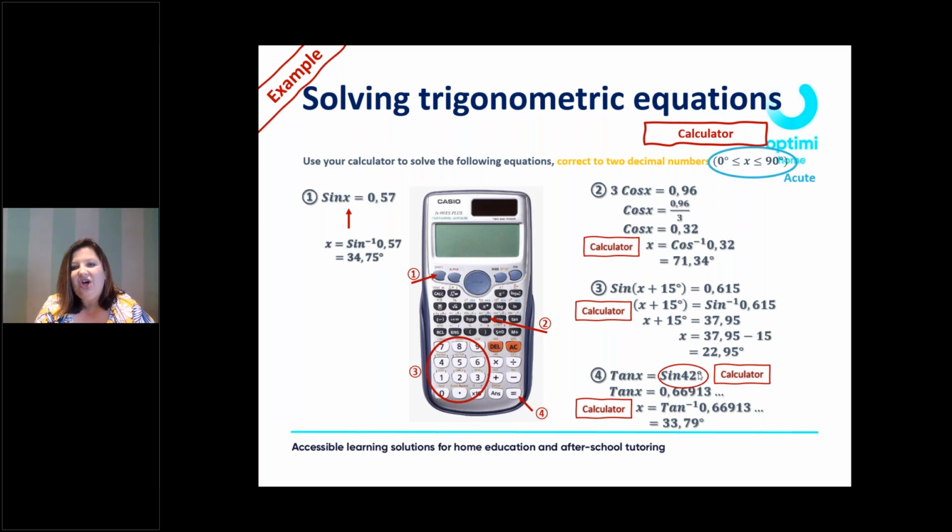It all depends on the markers and the examiner's guidelines for how they should mark the question. Usually they are not that strict in grade 10, but rather work on how they're going to mark in grade 12. So inside calculations, try not to round off that much, but in your final answer, you are allowed to round off. Thank you, ma'am. Have a good day. Bye. Thanks, you too. Bye.